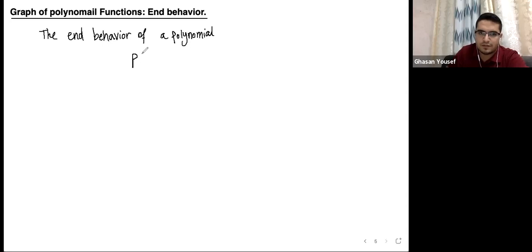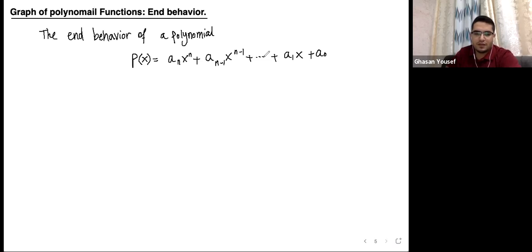Suppose my polynomial is b of x equal a_n x to the power n plus a_{n-1} x to the power n minus 1 plus dot dot dot plus a_1 x plus a_0. This is my polynomial function. So the end behavior is determined by the degree n and the sign of the leading coefficient.